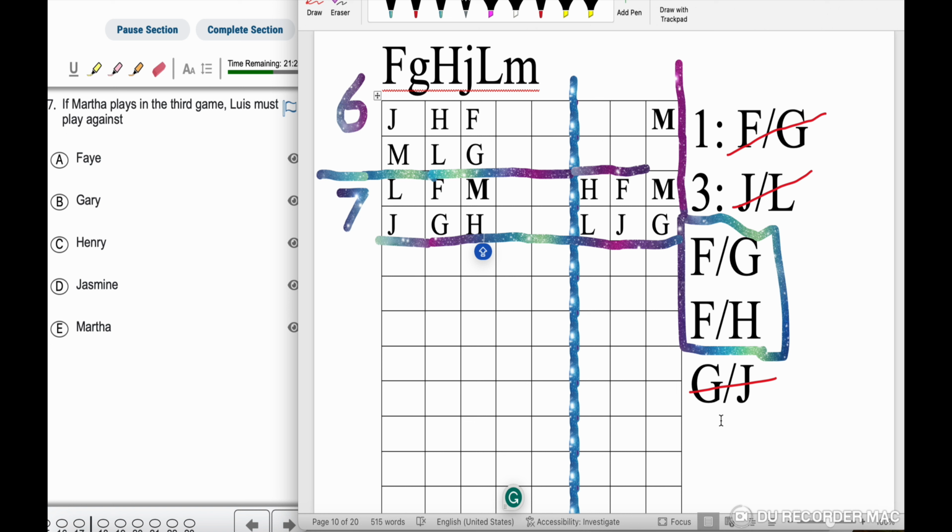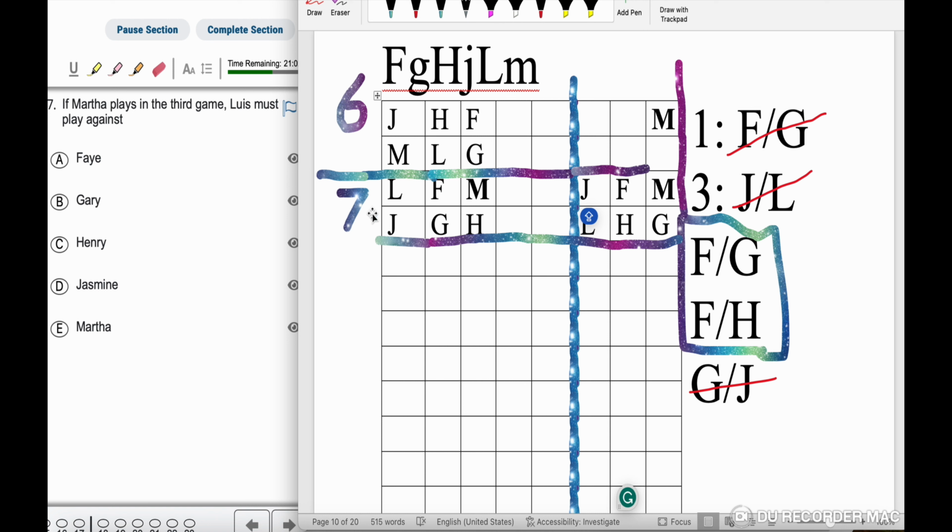Last condition, G is not allowed to play against J. And I have this rule here, either F against G or F against H. I'm going to put this F against H, putting J in here. And now we have 2 worlds that are properly ready to engage this question 7.